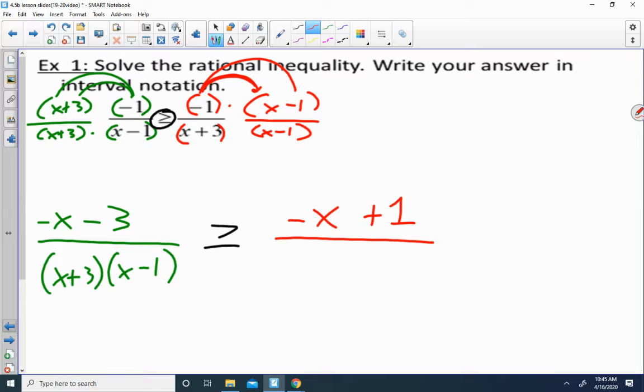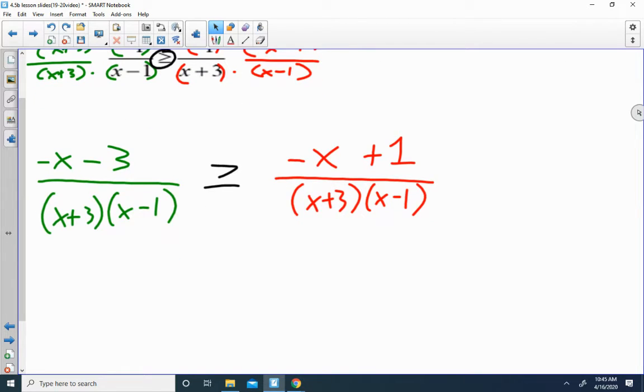And then on bottom, I got x plus 3 times x minus 1. Don't FOIL that, just leave it as it is. Okay. So now we got this. Check our denominators. We have a common denominator. They're both x plus 3, x minus 1. Booyah. Which means we can now combine the terms.